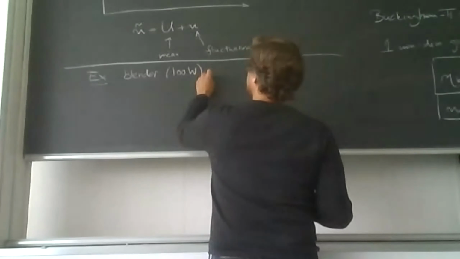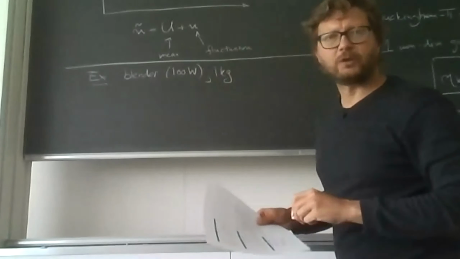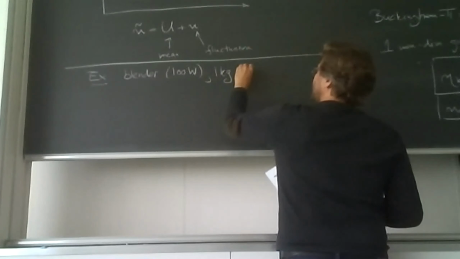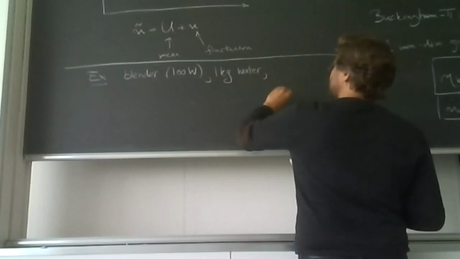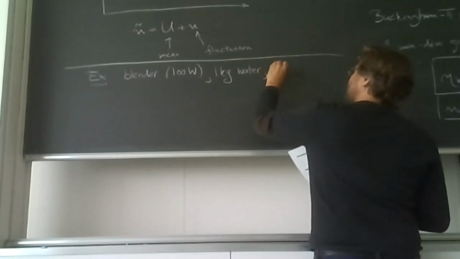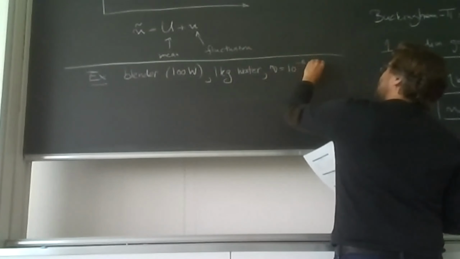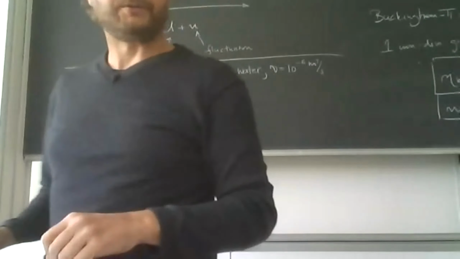Let's further assume that we pour into this blender 1 kilogram of water, or something with a watery quality. Well, probably you don't want to blend water, but something similar. And the viscosity of that is 10 to the minus 6 meters squared per second. That's the viscosity of water.